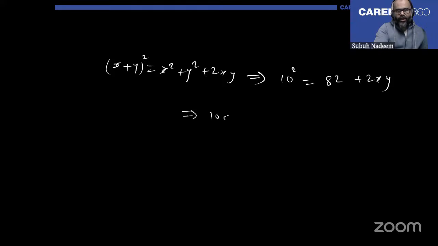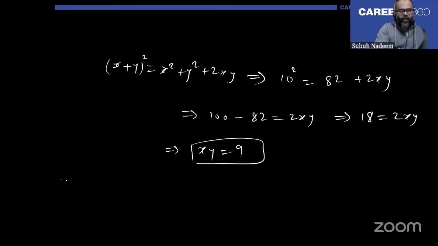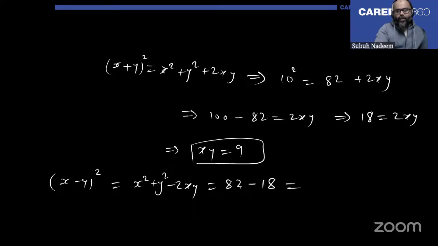So from here, 100 minus 82 is equal to 2xy, which means 18 is equal to 2xy, which means xy is equal to 9. Now from here, we find x minus y whole square. That is x square plus y square minus 2xy. x square plus y square is 82 minus 2xy, which is 18, so 64. So x minus y whole square is 64.